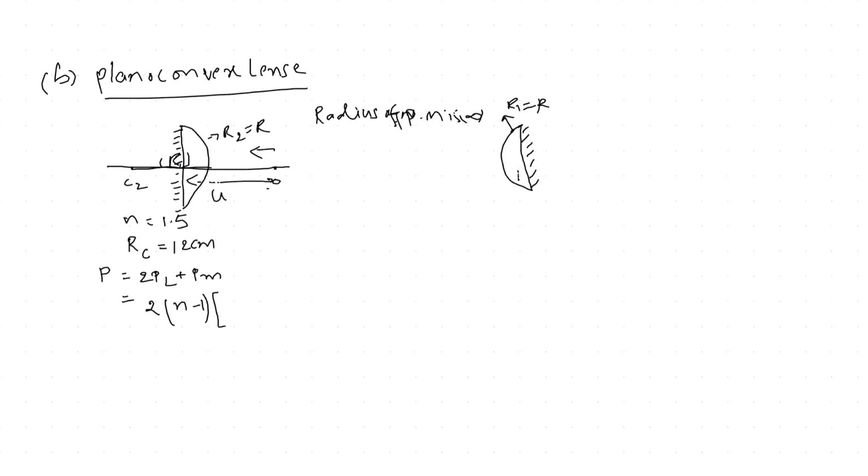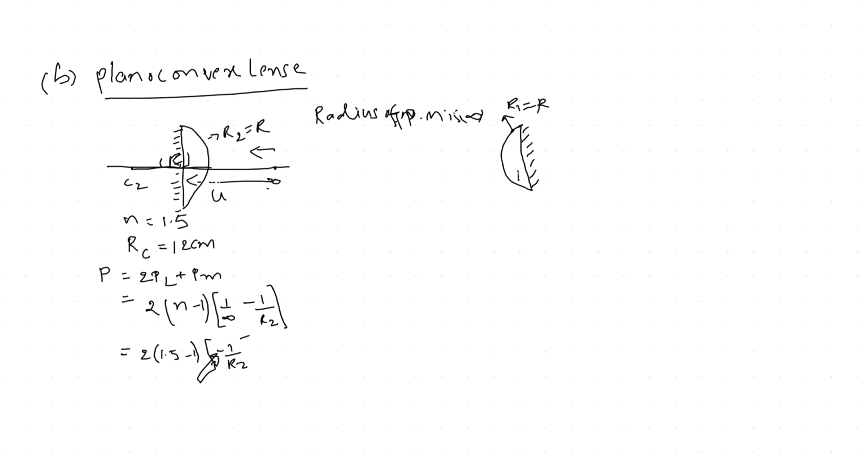Therefore, 1 by infinity minus 1 by plus R. So that equals 2 into (1.5 minus 1) into minus 1 by R.